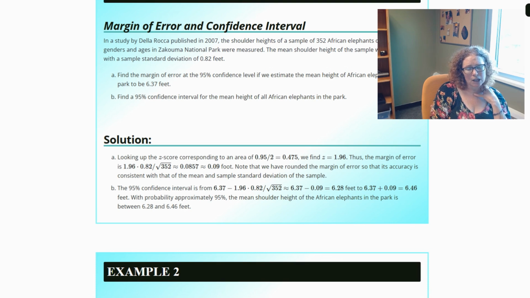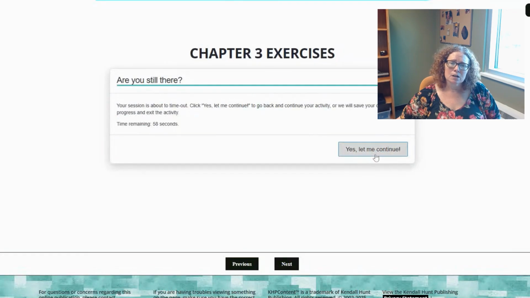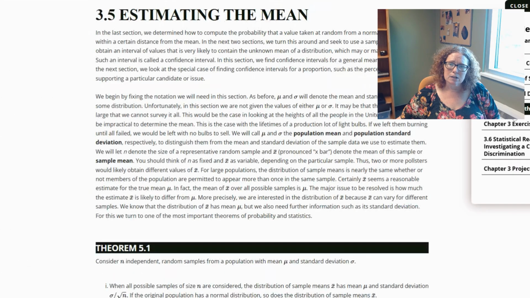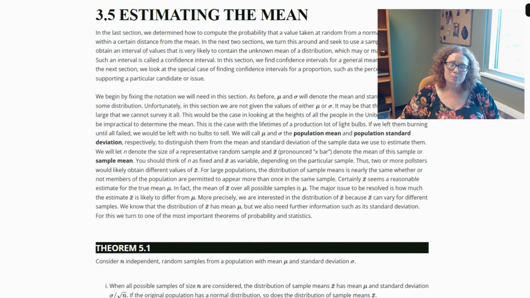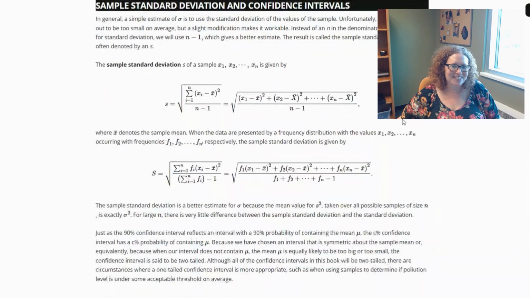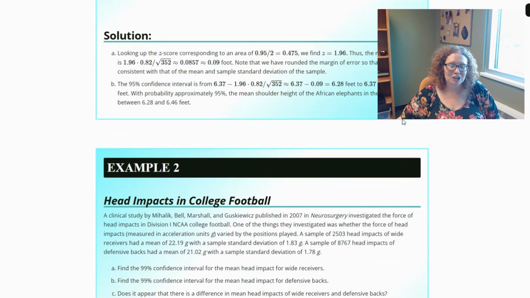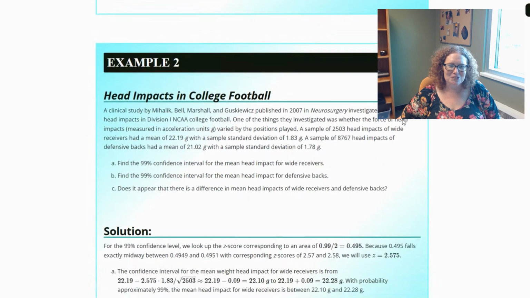If we had a smaller confidence interval, then we would see different numbers, and we would say we weren't as confident, or we would have a greater margin of error for those answers.